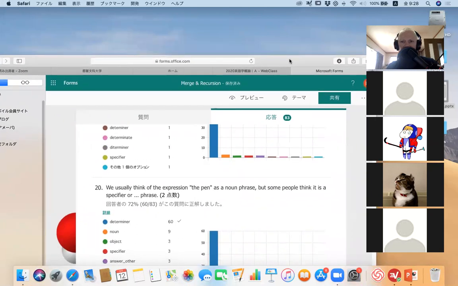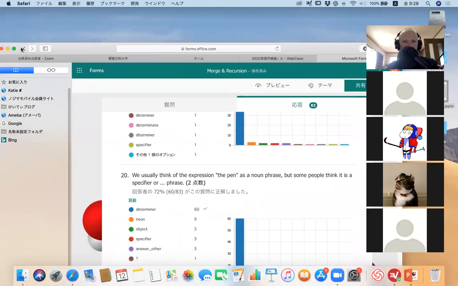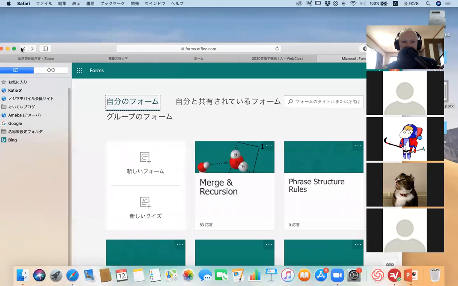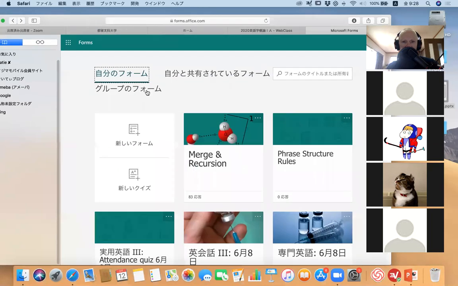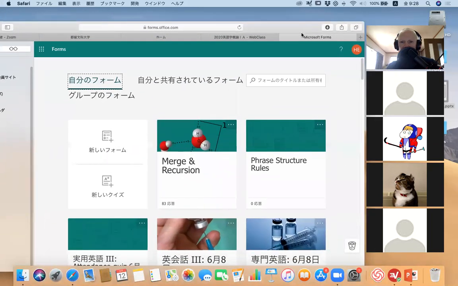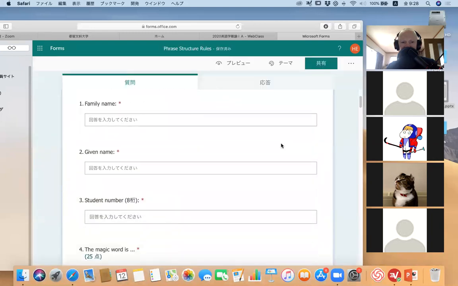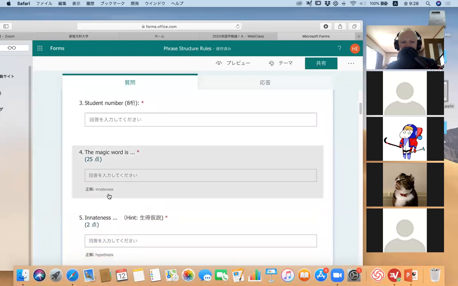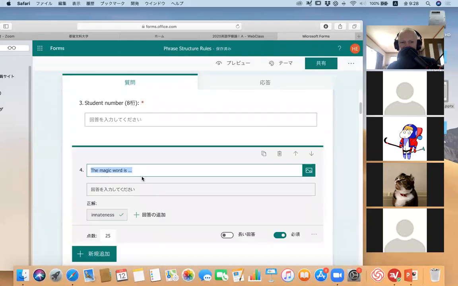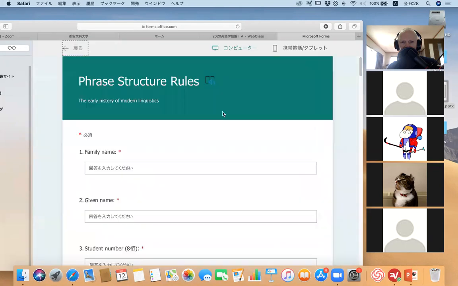Okay, then. Do I need that anymore? Maybe I don't. Let me just go here. That's merge and recursion. Recursion is the magic word, and phrase structure rules is today. This is today's thing. And the magic word today is innateness. Innateness. Let me see if I can put it in the preview.